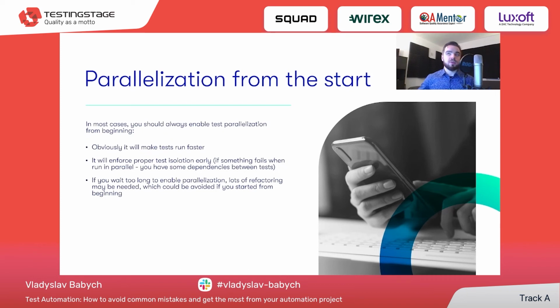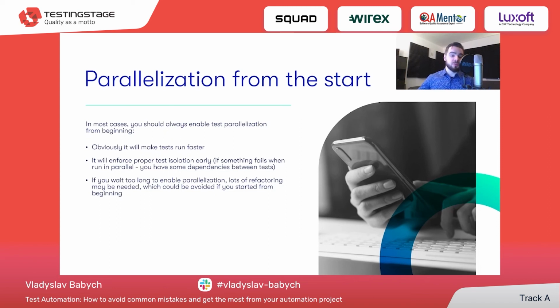Because if something passes when run sequentially, but is not passing when it's run in parallel, you have some dependencies between tests. That's basically a fact. And even if you have not a very big amount of tests, when you enable parallelization, it will allow you to catch this very early and you won't have to do a lot of changes.